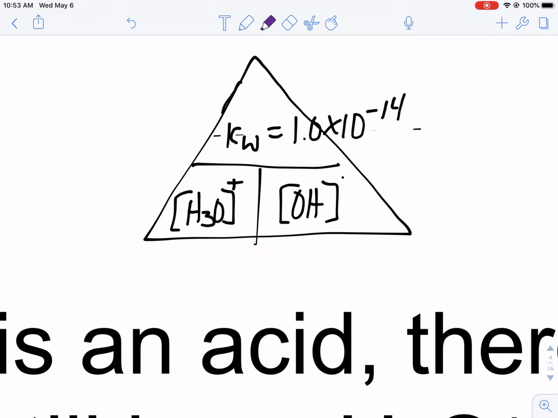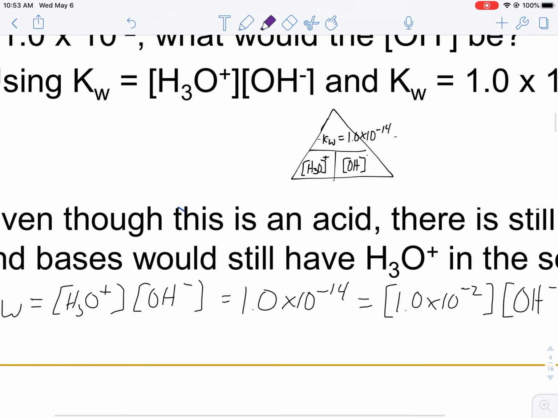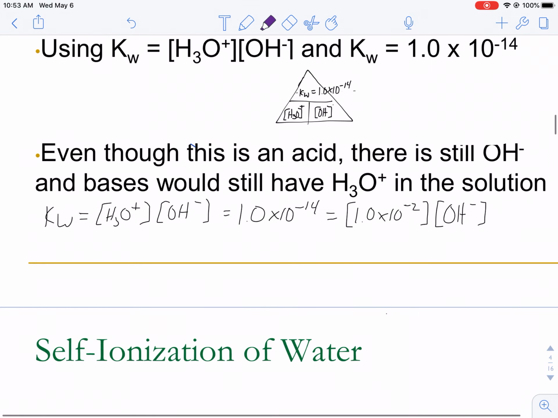However, because this is an A times B equals C type equation, if I want to find the hydronium concentration, it's going to be 1 times 10 to the negative 14th divided by the hydroxide concentration. Or if I want to find the hydroxide concentration, it'll be 1 times 10 to the negative 14th divided by the hydronium concentration. Basic algebra that you guys have all seen before.